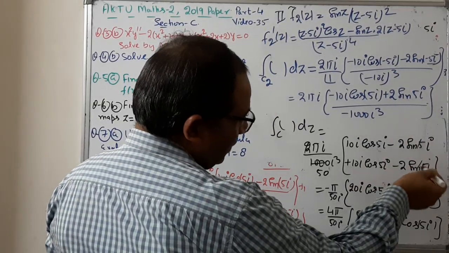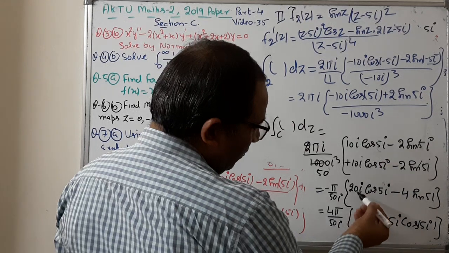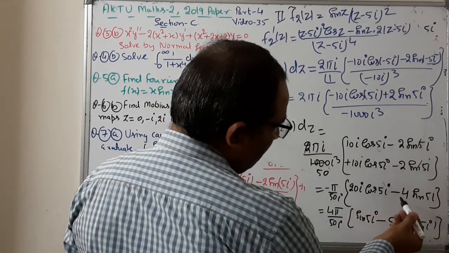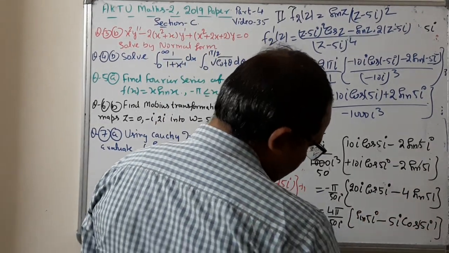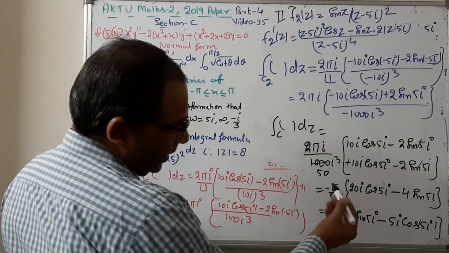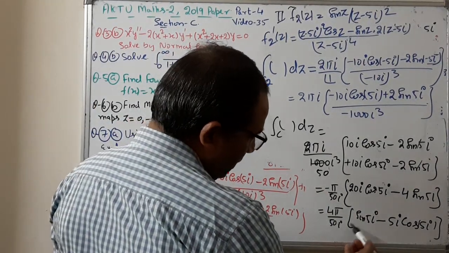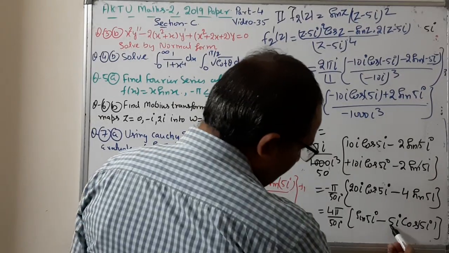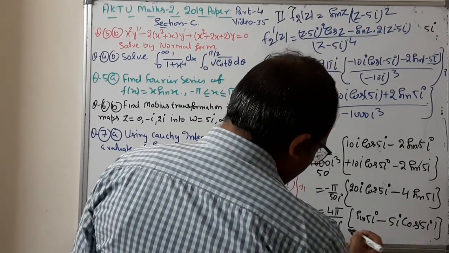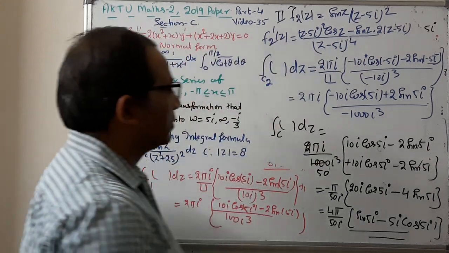So both signs are the same, so it will not cut down, so it will be equal to 20i cos 5i minus 4 sin 5i. Taking 4 as common and multiplying by the minus sign inside, we get 4 pi upon 50 i times sin of 5i minus 5i cos 5i. So this is the final answer, right?